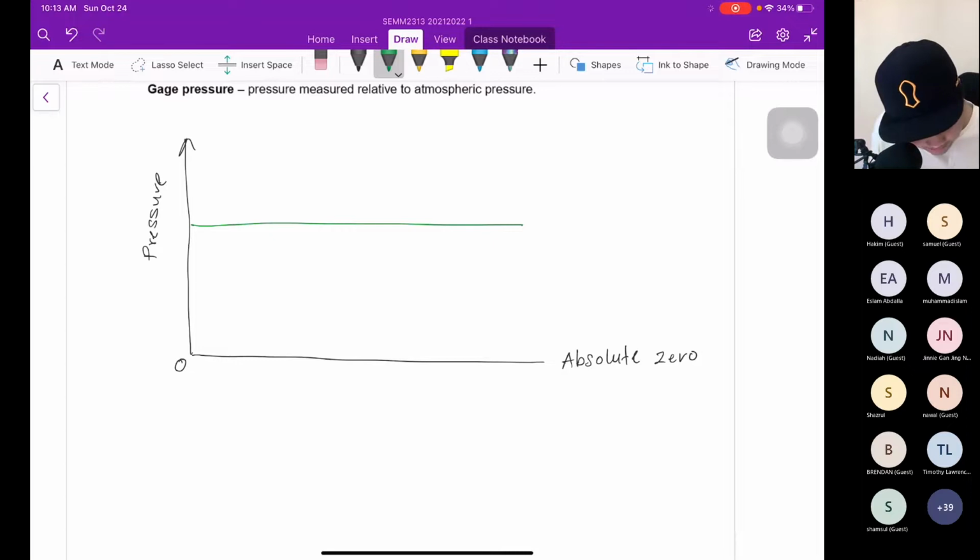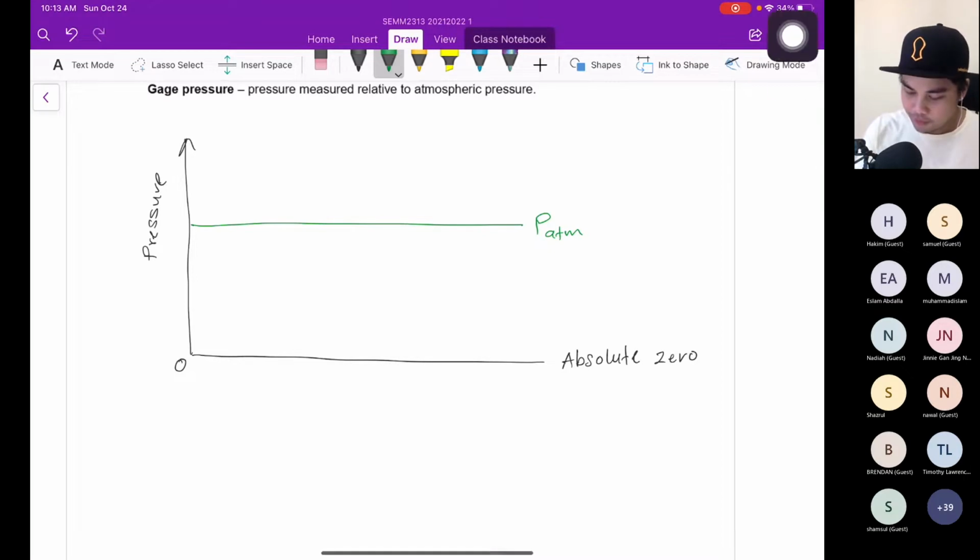We call the synonym ATM, atmospheric pressure. Anyone knows what's the value of the atmospheric pressure? Do you have any idea what's the value of the atmospheric pressure? 1 ATM.